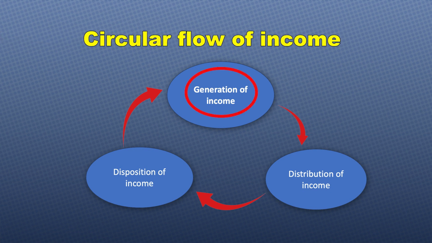In the previous session, we had also discussed the circular flow of income. There are three different phases of circular flow of income, namely generation of income, distribution of income and disposition of income.